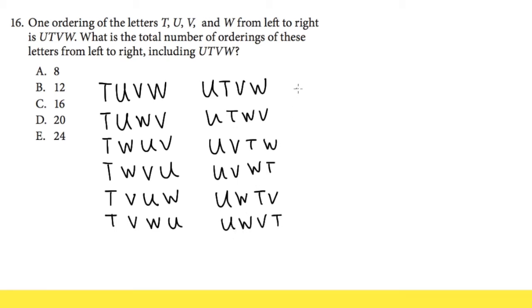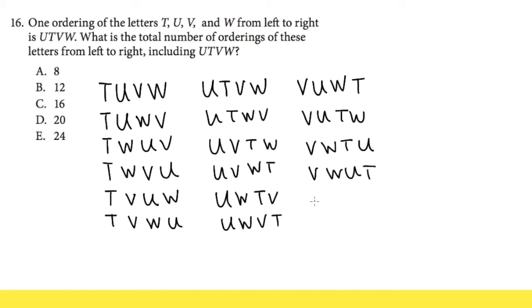And then I am going to start off with another letter. So let me say V and then we can have U go next and W and T, right? And you go ahead V, U, T, W, and then next I will have V go first, but then W next, and then T, U, and then V, W, U, T, and then I can have V, T, W, U, or V, T, U, W. At the very end, let me start off with what?